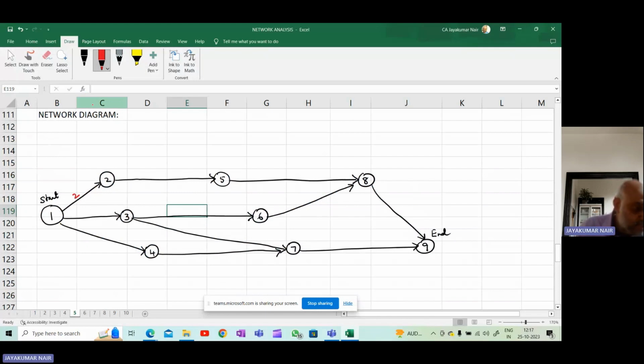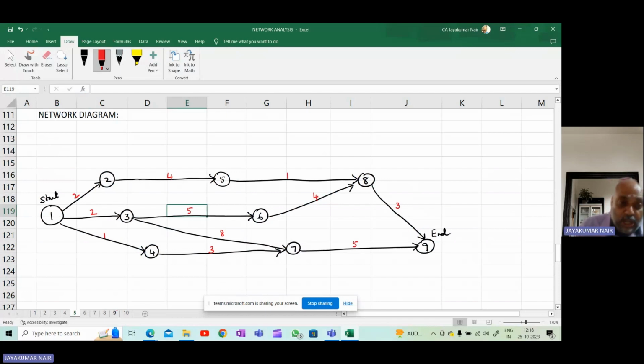This is 2, this is 1, this is 4, this is 1, this is 5, 3 to 7 is 8, 4 to 7 is 3, 6 to 8 is 4, 7 to 9 is 5, 8 to 9 is 3. So what did I do? I drew the network diagram and I have incorporated the duration on the activity.